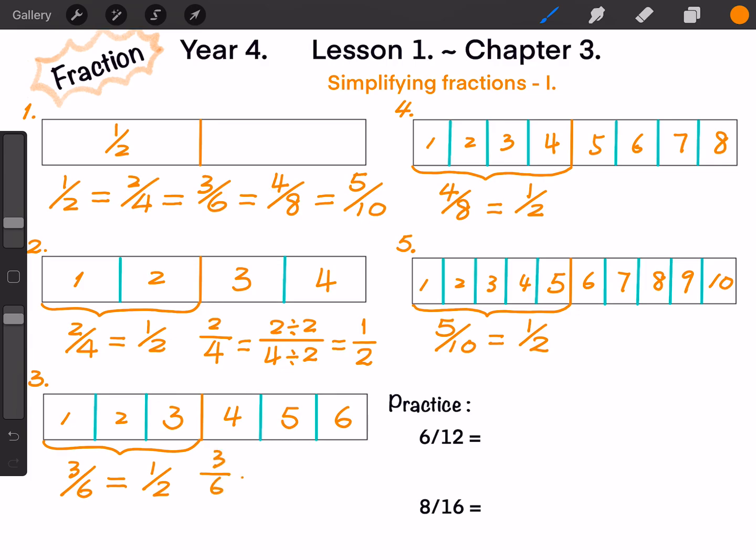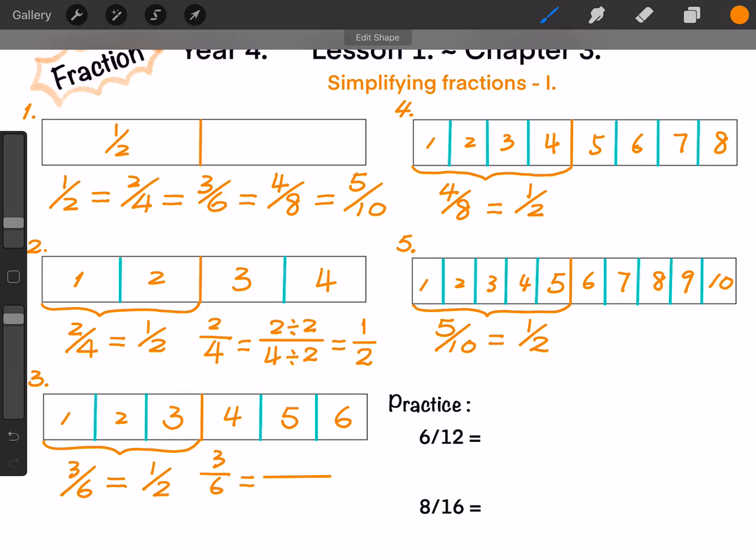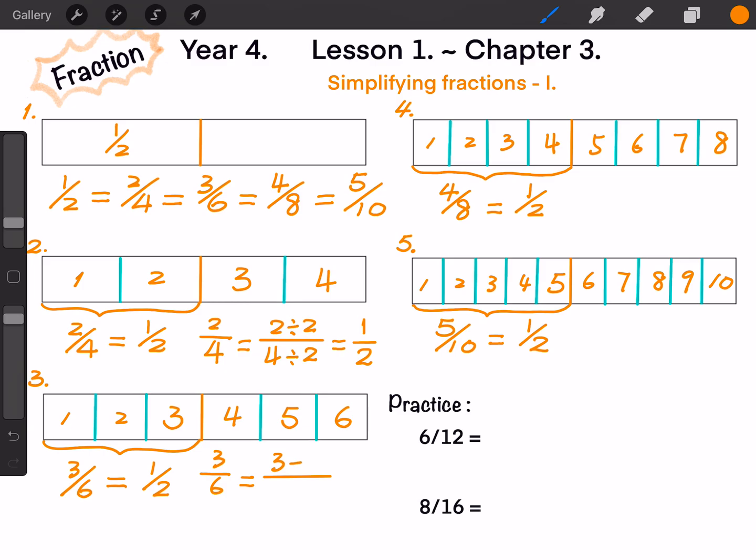3/6. The same. For the numerator, 3 divided by 3. For the denominator, 6 divided by 3. The numerator and the denominator are divided by the same number. Then equals to 1/2.